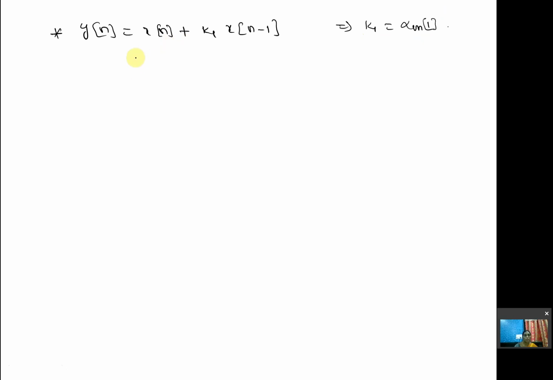So now here, see this, how can you draw this one? Okay, lattice structure form. First I am drawing, later I will explain this one. See this, x of n, then here add with the, so here what is the output?